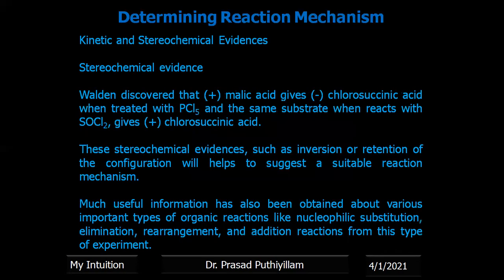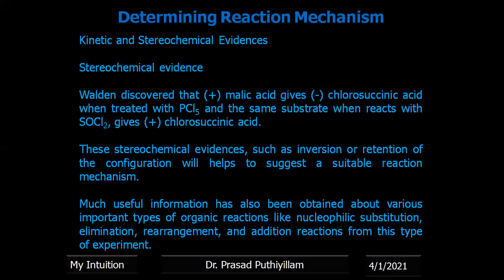Walden discovered that plus malic acid gives minus chlorosuccinic acid when treated with phosphorus pentachloride, and if the same substrate, plus malic acid, reacts with thionyl chloride, SOCl2, it gives plus chlorosuccinic acid. So based on the product formed, the proper reaction mechanism can be proposed.